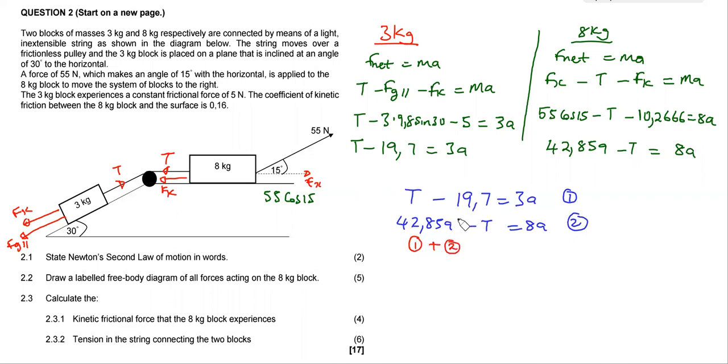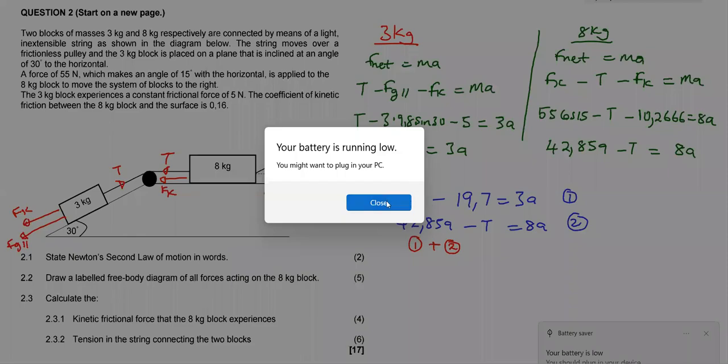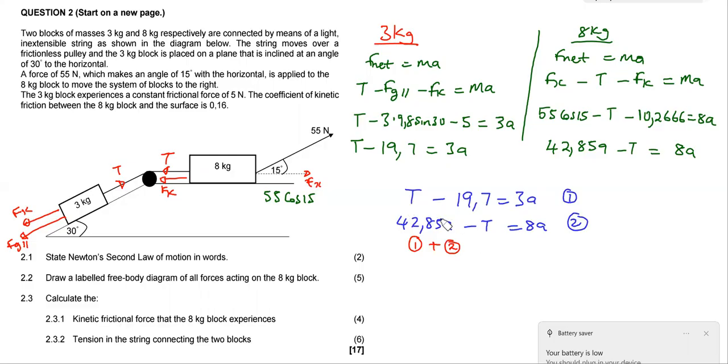Now, when we add, this will cancel, the tension will cancel. So when you cancel the tension, you're going to have 42.859 minus 19.7, which is going to give you 8A plus 3A, which is 11A.